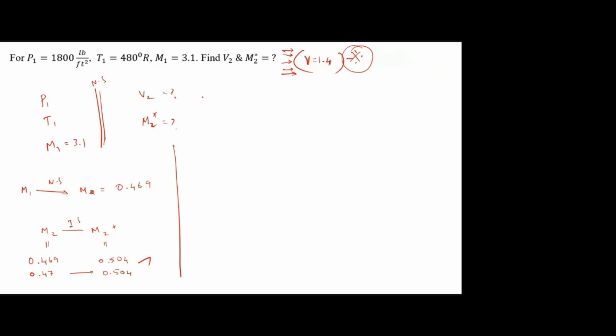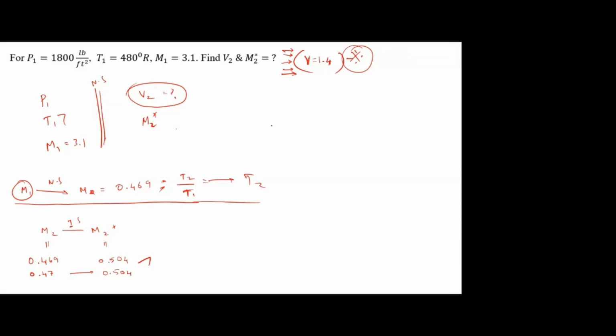Then how to find V2? Normal shock table itself, we can get P2 by P1. We know P1, from that we can find T2. Then how to find V2? We know the Mach number, so we can find a equal to root gamma R T. Is that correct? Yes, sir. We know M2, we know R, gamma, and T2.